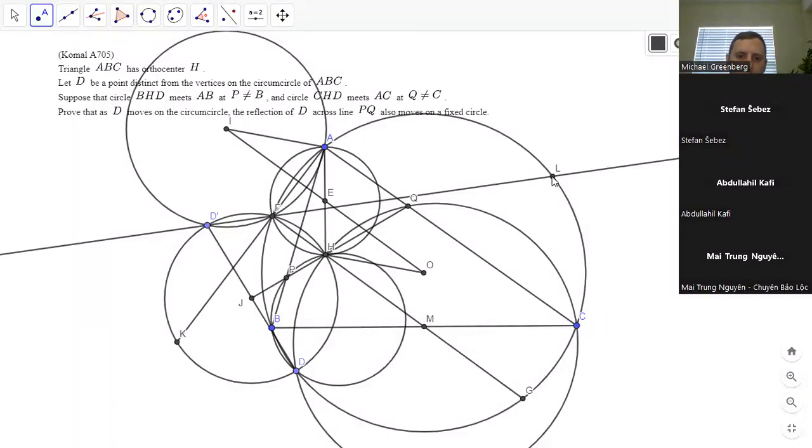LFDG is harmonic. That's what we want to show. Is that the best circle to do it on?